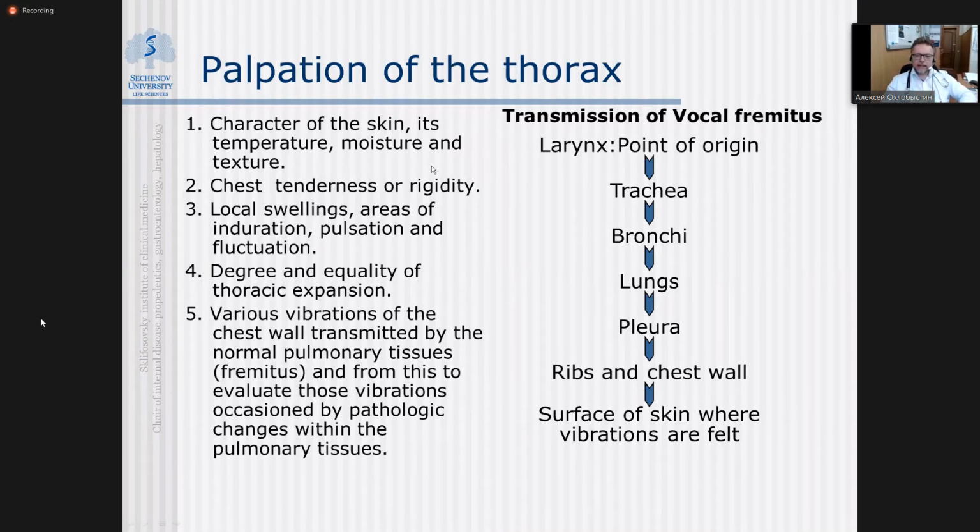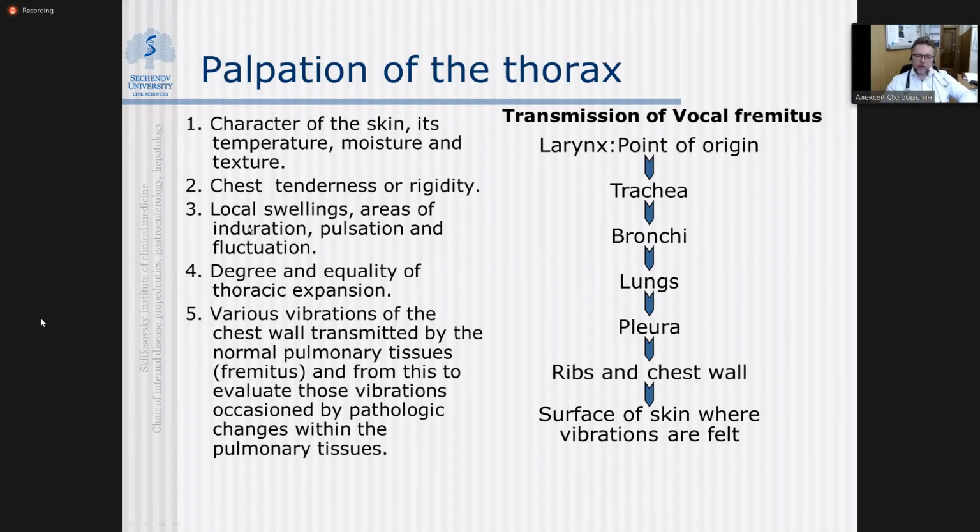Second is rigidity of the chest, whether the chest is compressible or not. Typically, it will indicate some states that may result in restrictive syndrome, like sclerosing of the patient's ribs or severe pulmonary fibrosis.